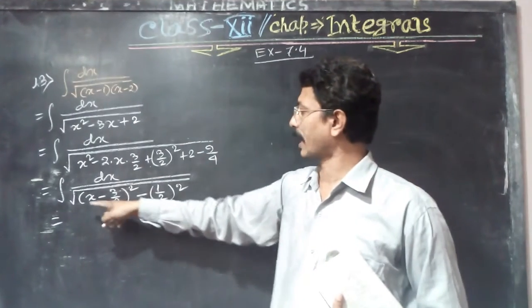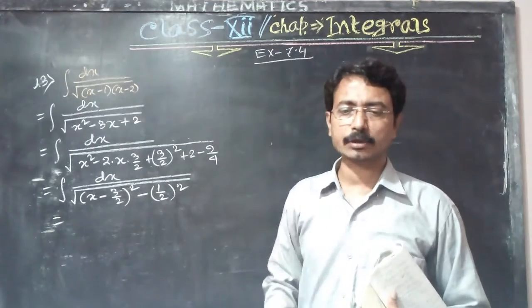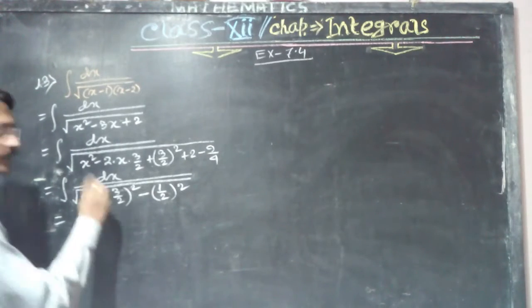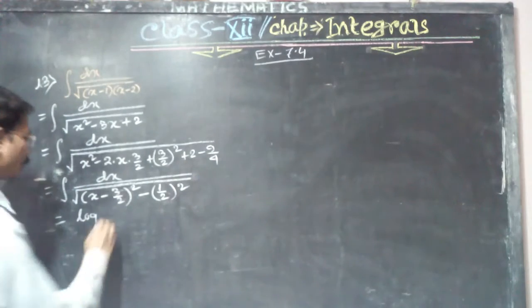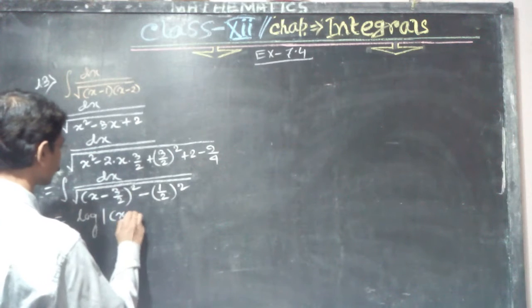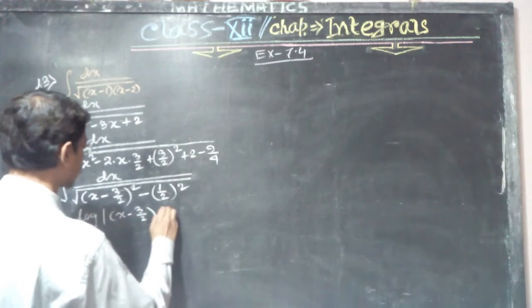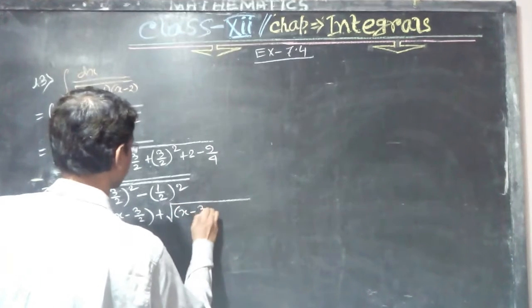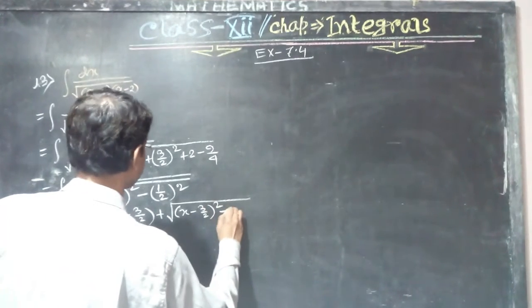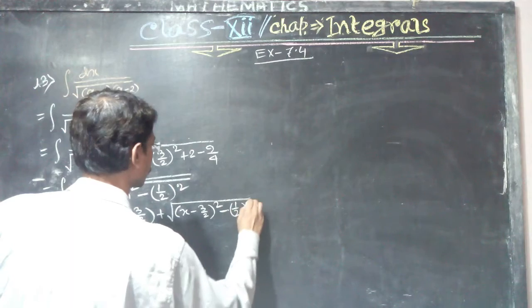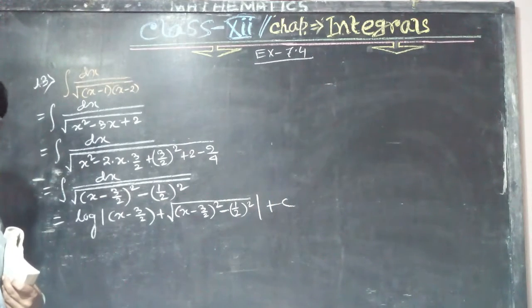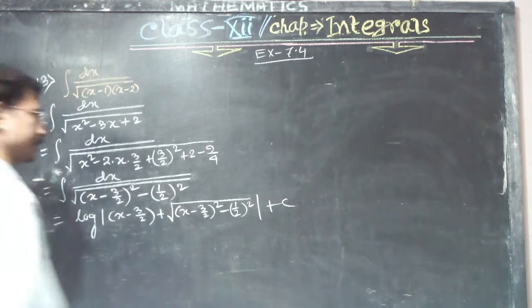The dx by root over x square minus a square equal to log mod x plus root over x square minus a square plus c.